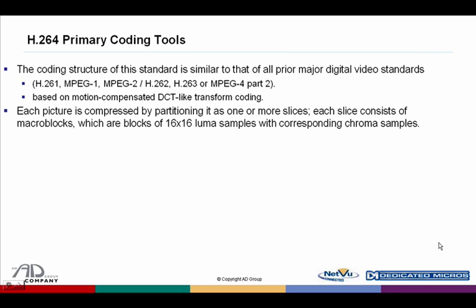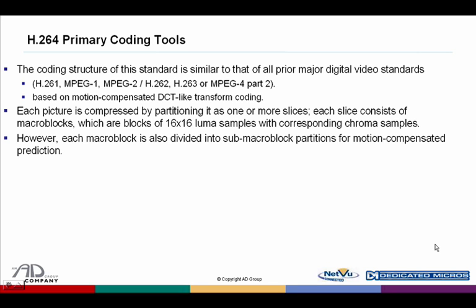Each picture is broken into macro blocks, 16 by 16 samples with corresponding colour samples, and they're arranged into slices. Each macro block can be divided into sub-macro blocks to achieve higher levels of accuracy in our motion compensation. We see where, say, a 4 by 4 pixel block is going and use that as a separate entity.